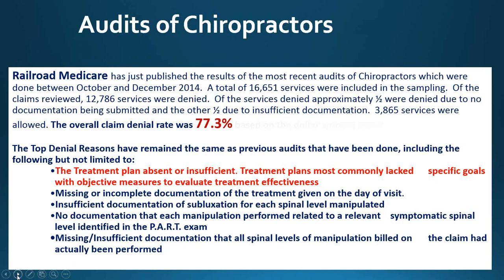Many of you have seen this information a number of times, but we know that there are audits currently being done of chiropractors. For instance, Railroad Medicare has been auditing chiropractors for the last number of years, and they continue to see a high error rate. Especially with Railroad Medicare, the top denial reasons include failing to have an adequate treatment plan, and if there is a treatment plan, that it lacks objective measures to evaluate the treatment effectiveness.